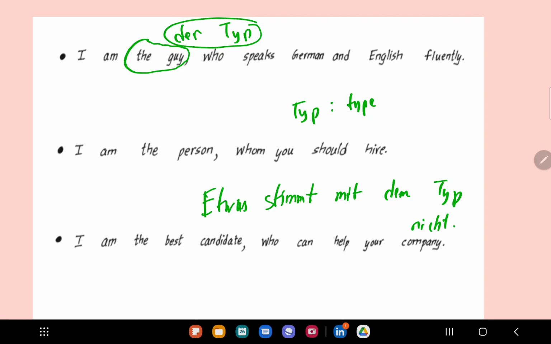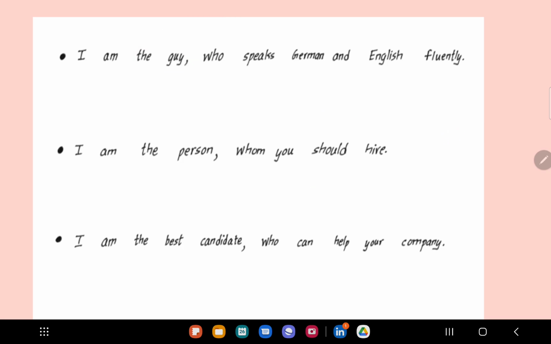Something is wrong with the guy. It's easier to understand when you watch German movies, or when you interact with Germans in closed circles. There you will hear this, so you will know why they are using Typ when Typ means type, but here it means something else.